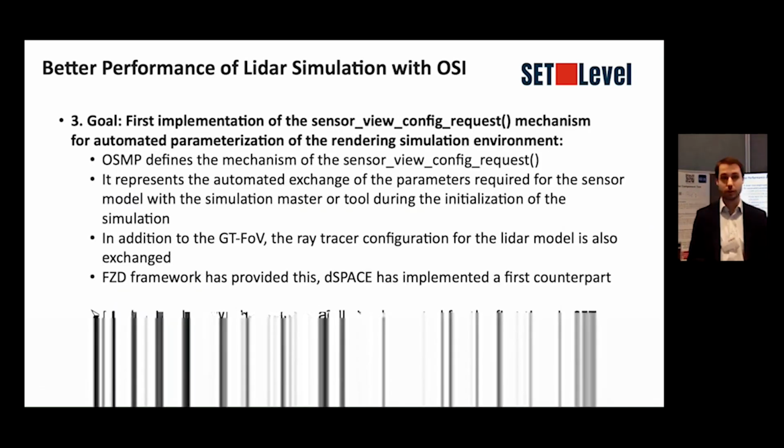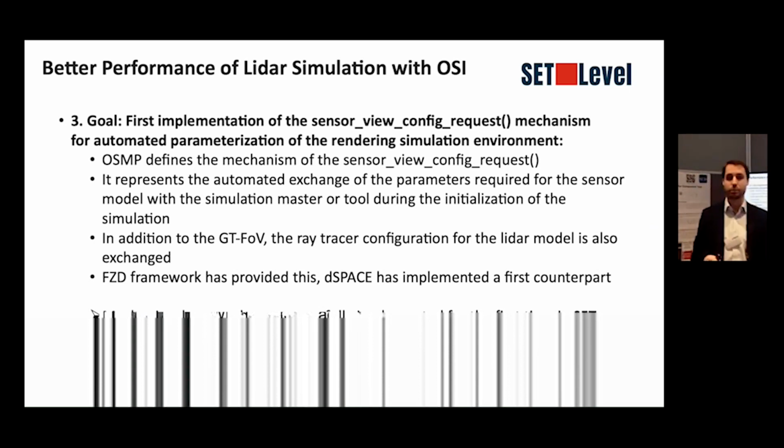The third goal, as I said, was to implement the sensor view config request. That means that the model itself tells the environment simulation basically what it needs. So what kind of ray tracing it needs, which rays in which direction need to be shot. And we did a first proof of concept: our general modeling framework for our simulation models is capable of doing this.